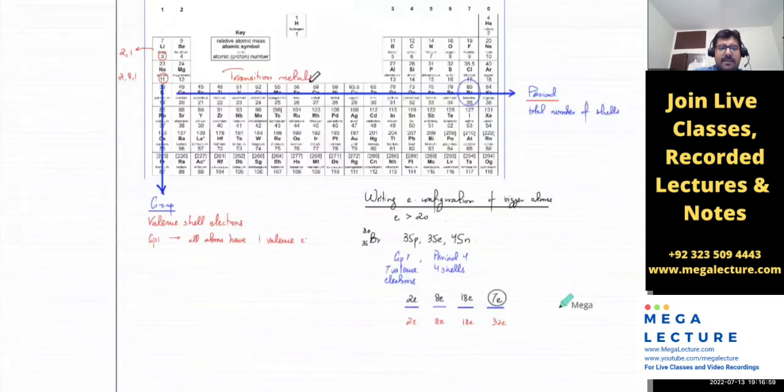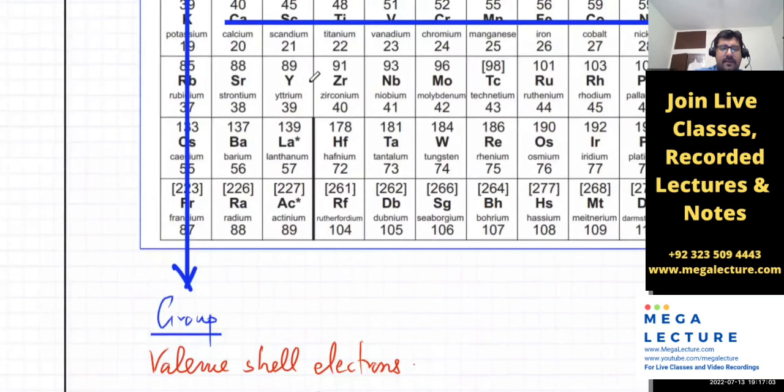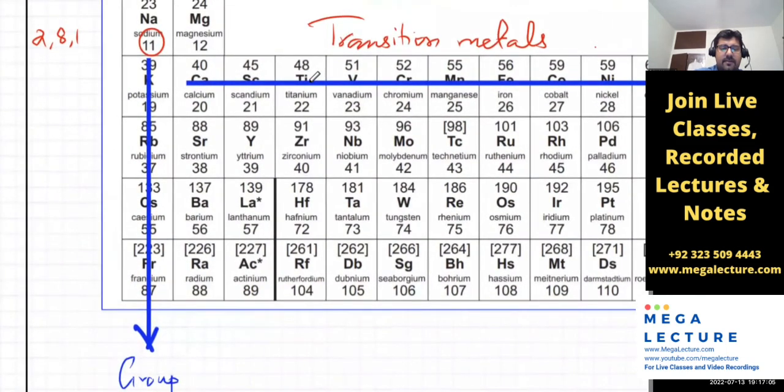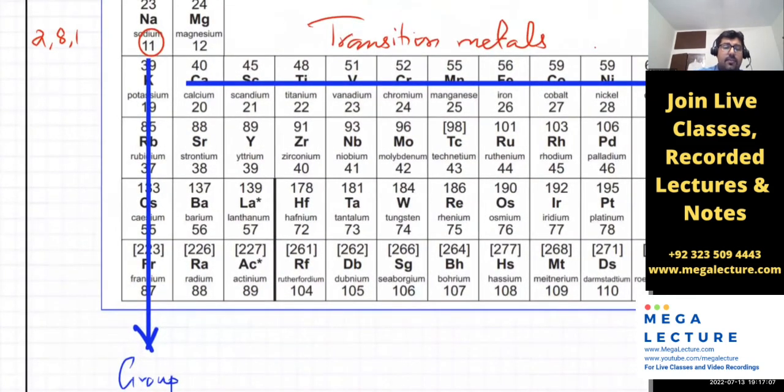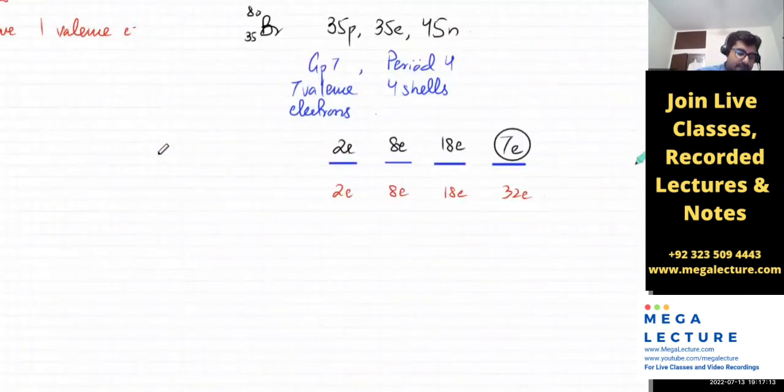I'll do another example. Let's try and do rubidium. Okay, that's Rb, that's rubidium. Now rubidium is group 1.